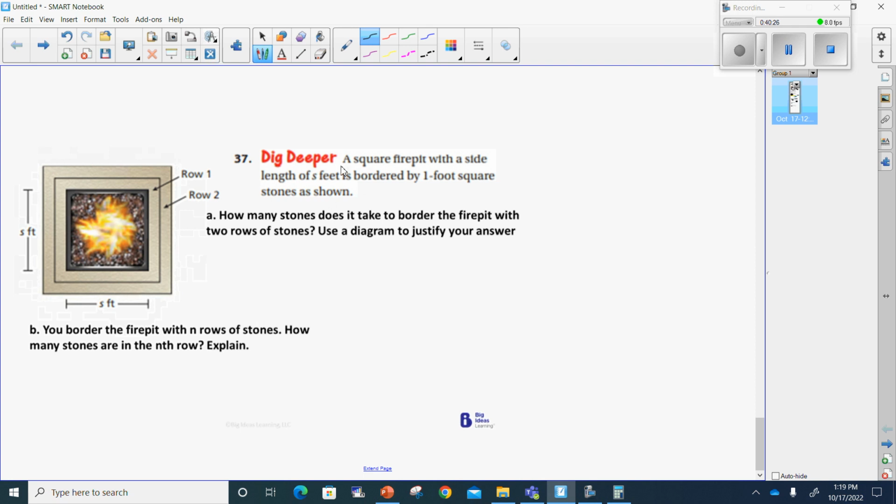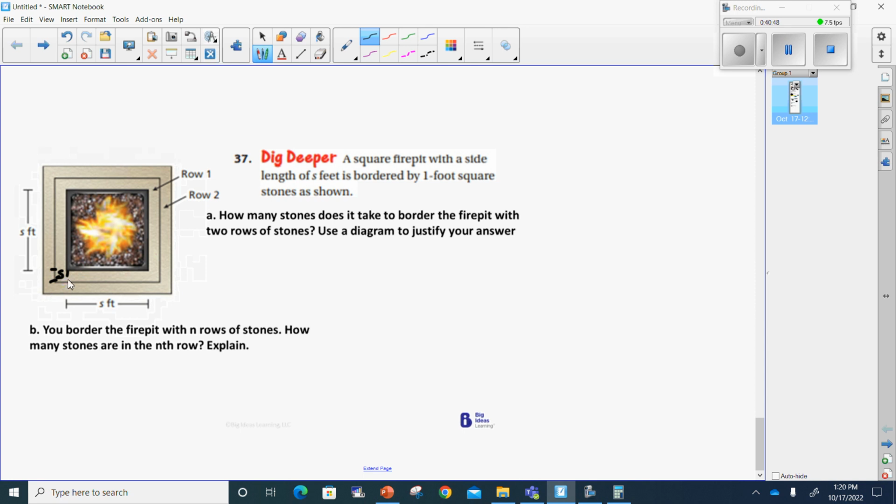So remember, this is S feet. So if this is S feet and it says this is a 1-foot square, that means from here to here is S. It also means from here to here is also S, right?